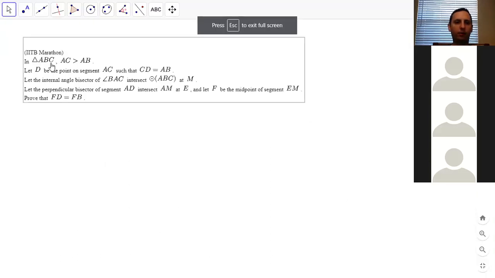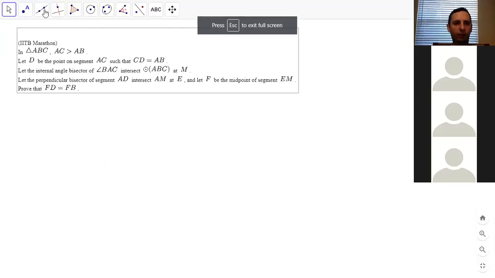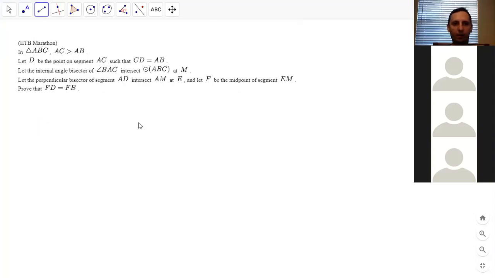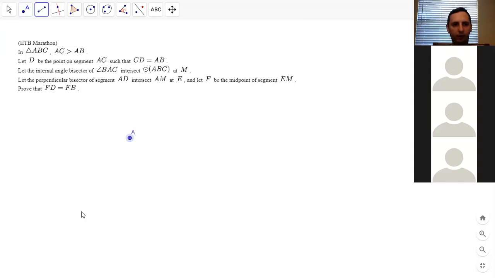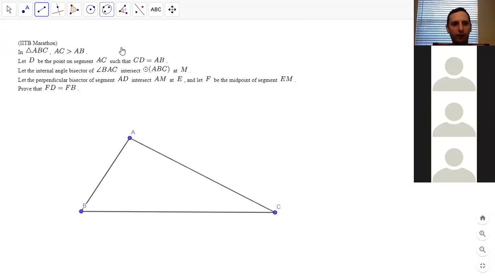Okay, so here's another one Serdar showed. This one looks a little bit easier. So AC is greater than AB. So yeah, I'll see how quickly we solve this. D is on AC such that CD is equal to AB.